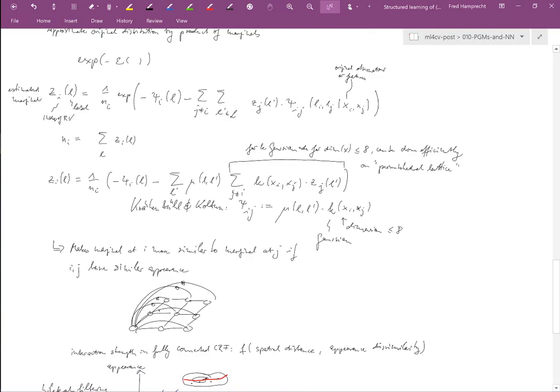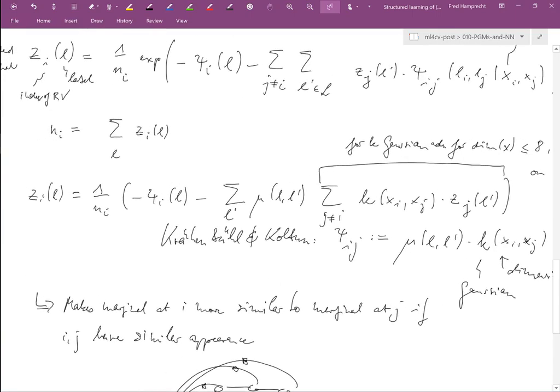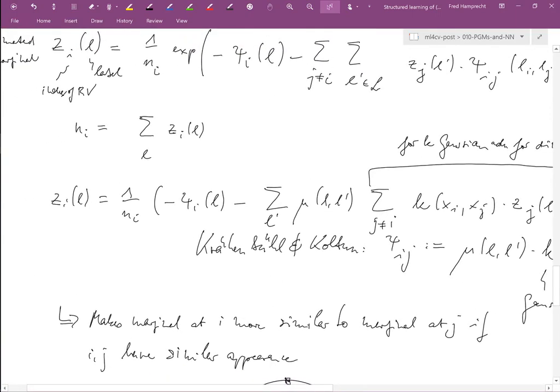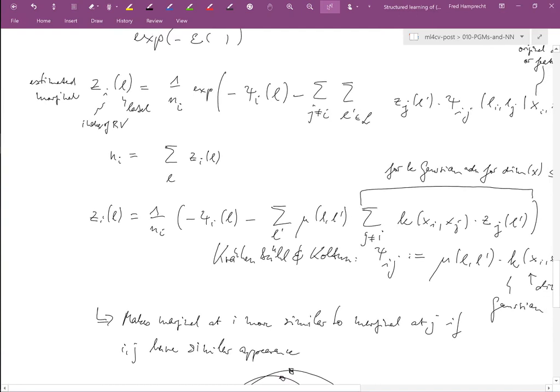Now if you look at the update equations, this update equation can again be done for a given number of steps.